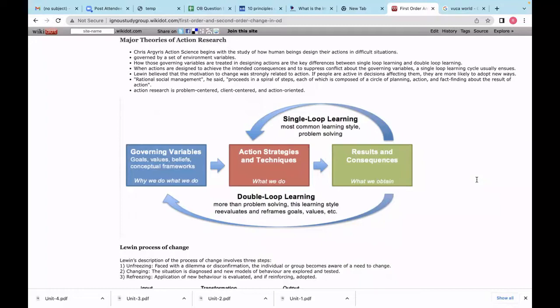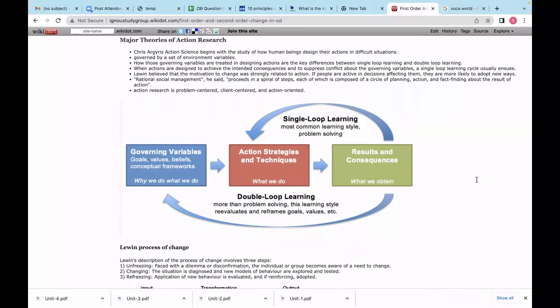Then comes, yes, I want to do this, and once I do this, I'm going to get these results. So you imagine three steps. One is the governing variables like goals, vision, values, beliefs, etc. Two, the action strategies or techniques, that is what we do. Three, results of that action.